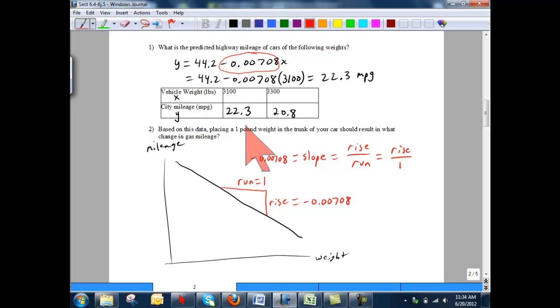Putting a 1-pound weight in the trunk of somebody's car would tend to decrease their gas mileage about 0.00708 miles per gallon. Decrease because it's a negative number. Again, nobody would notice that, but you could use the same technique to talk about what would happen if you put 100 pounds in the trunk of the car, or 500 pounds in the trunk of the car, and then the rise would become a significantly large negative number, and the mileage would definitely noticeably decrease.